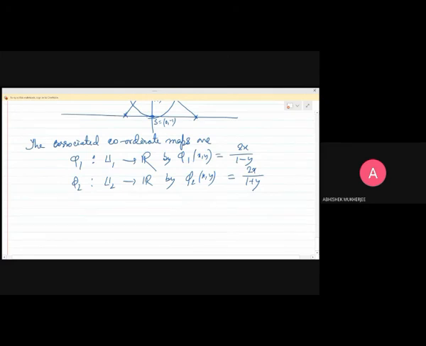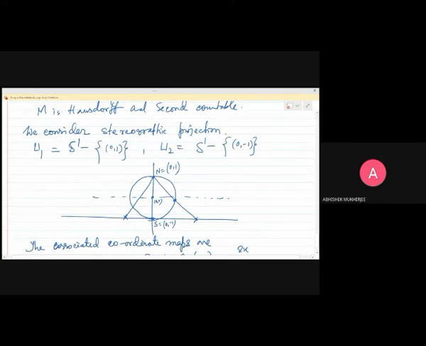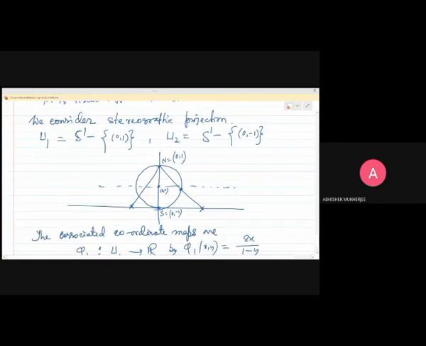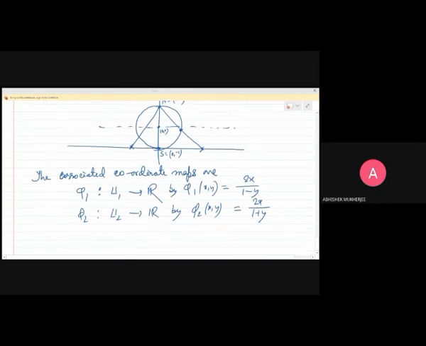So these two maps are continuous, having continuous inverse, using the stereographic projection.